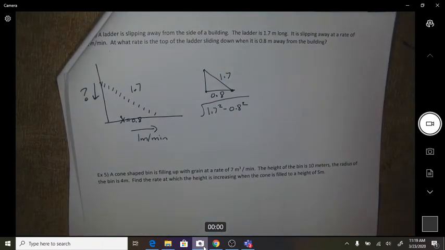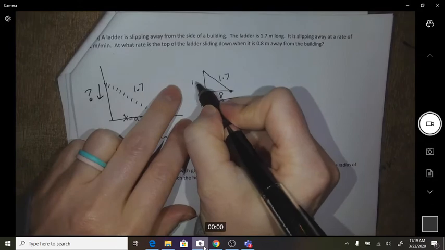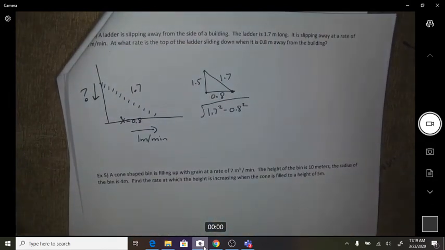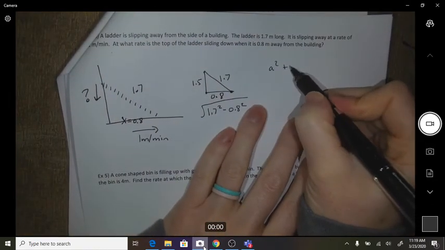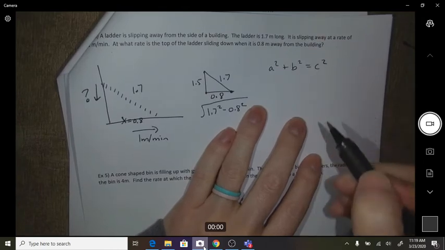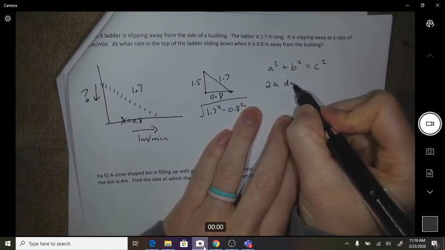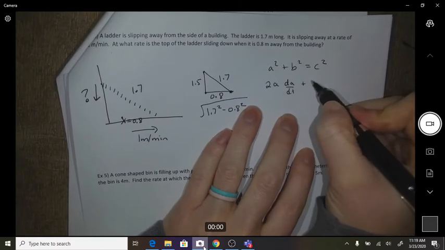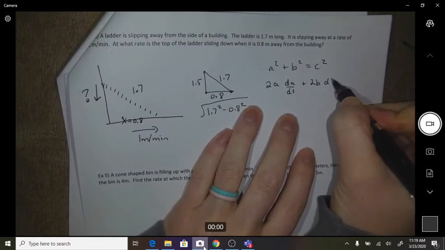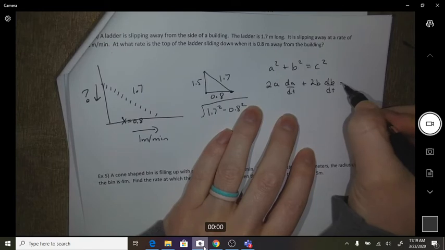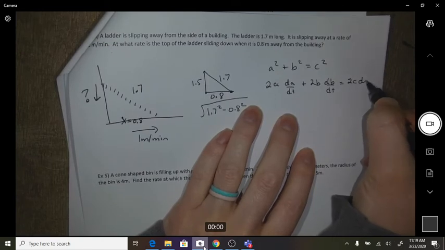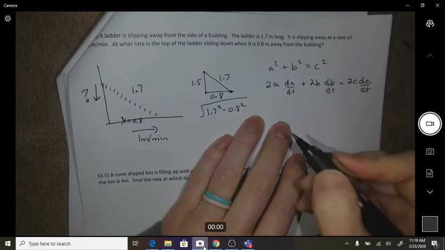Alright, so what do we get? 1.5. Okay, so let's do our a squared plus b squared equals c squared. And derive. So 2a, change of a with respect to time, plus 2b, the change of b with respect to time, equals 2c times the change of c with respect to time.